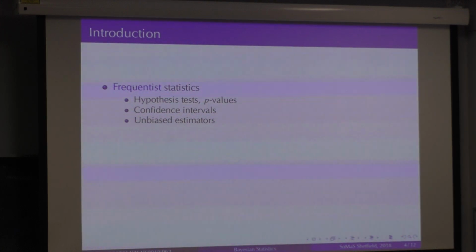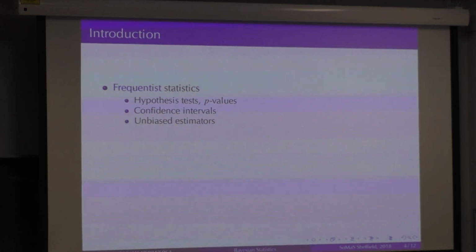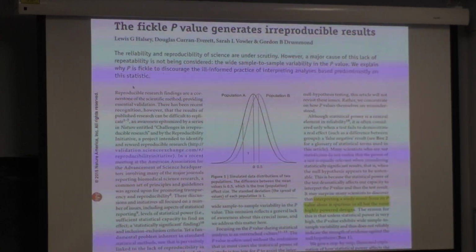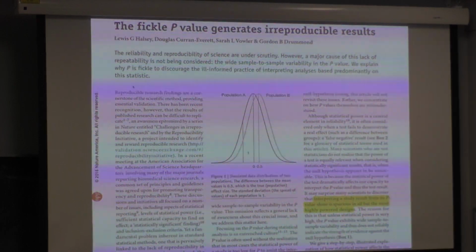Well, the thing is that in some cases, this approach can be quite misleading in practice. So I have some examples of papers illustrating these. I'm just using testing as an example, but you can find similar problems with point estimation and interval estimation.